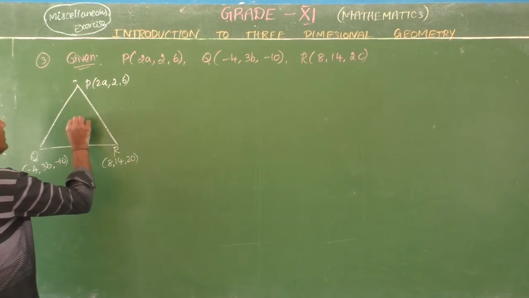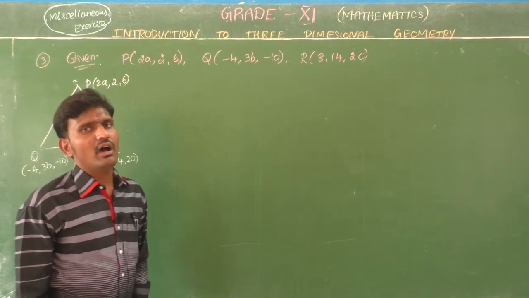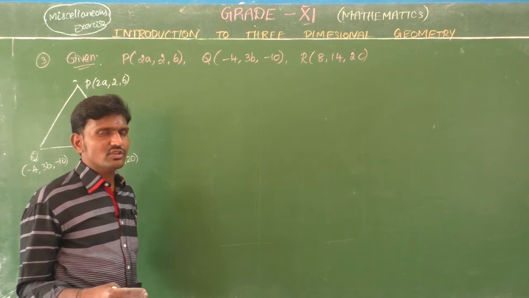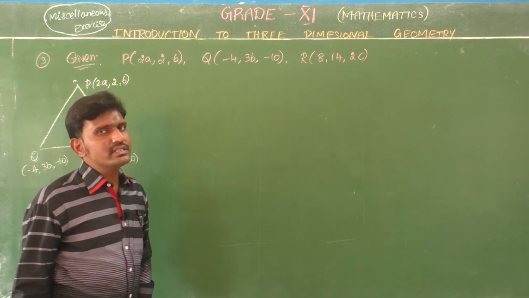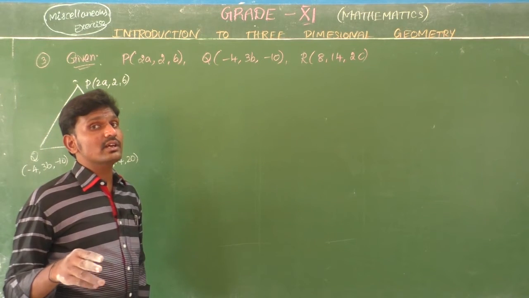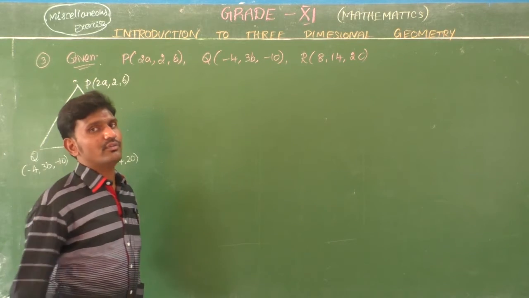Okay. What is the meaning of centroid? It is very simple. The medians of the triangle are concurrent, and that point is called the centroid. In the previous question we completed that the 3 medians of the triangle intersect at a point, which is called the centroid of a triangle.